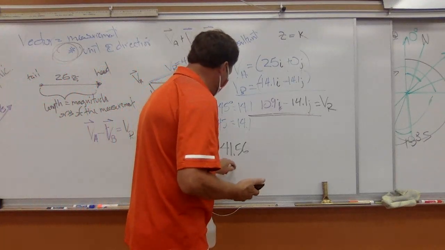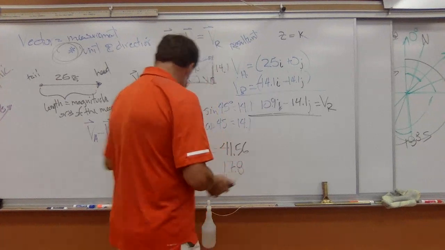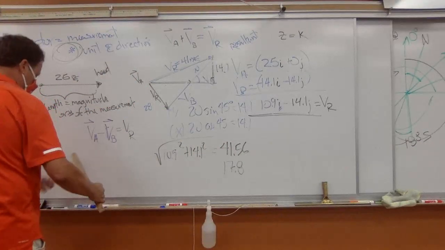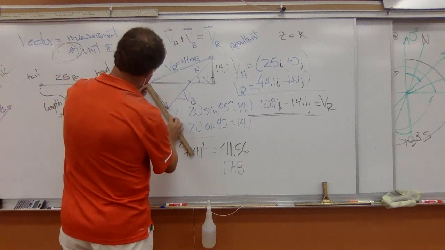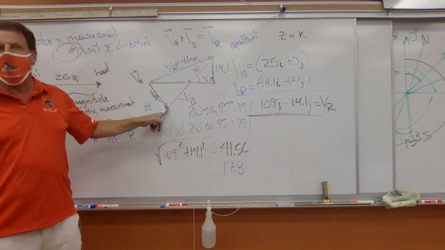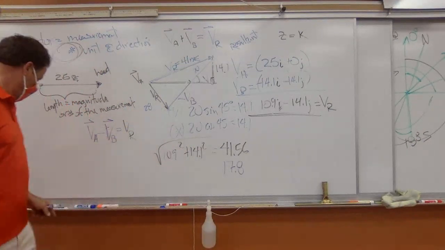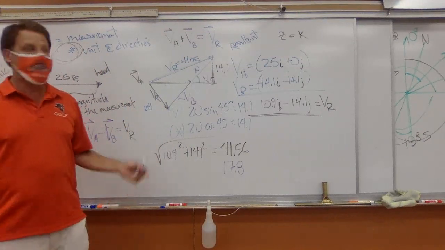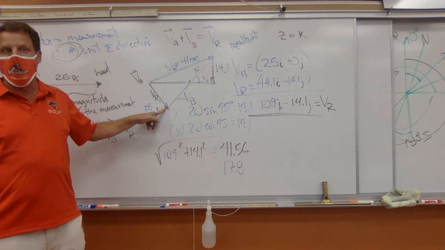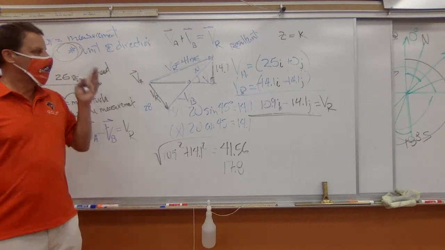So this would be equal to 17.8. Now let's go ahead and measure this. We are at about 18.5, so 18.5 versus 17.8. Again, we're really close without having really been very precise.